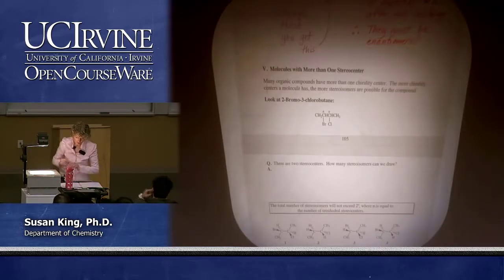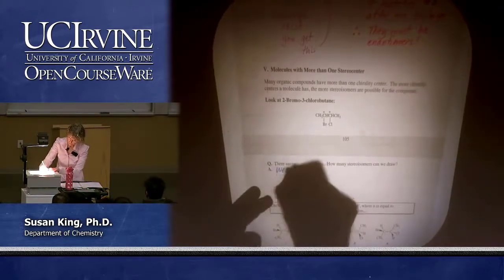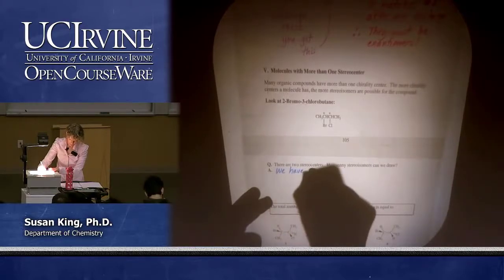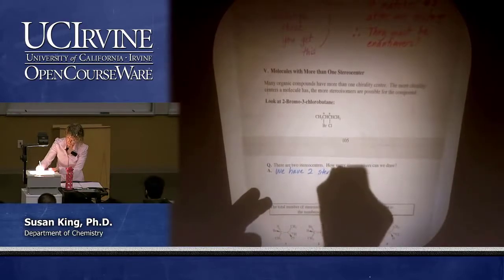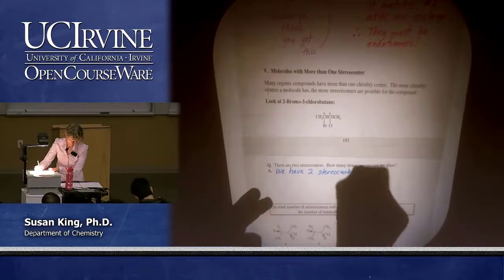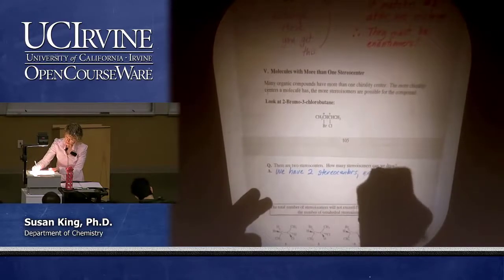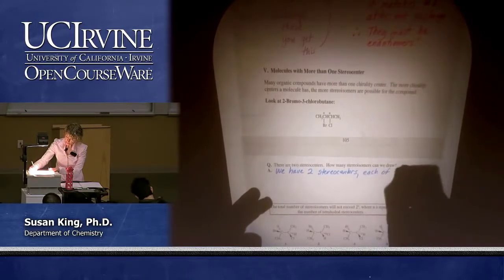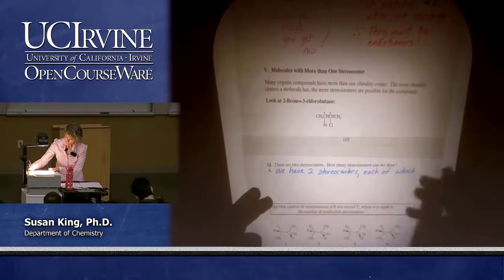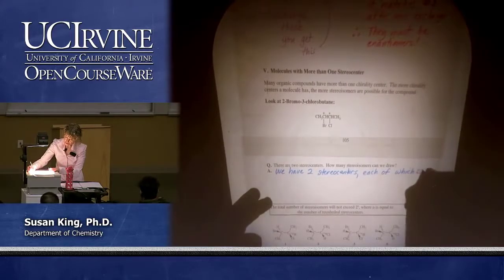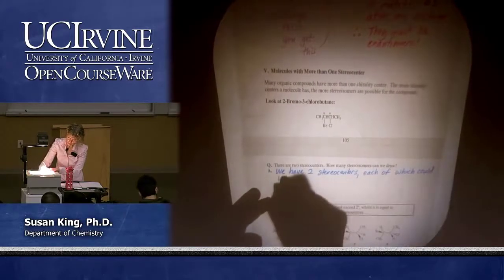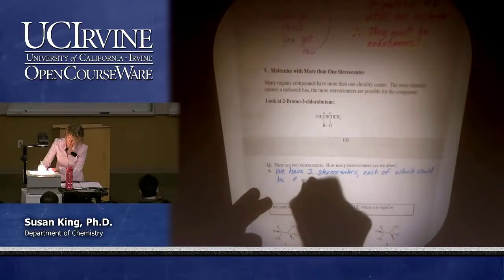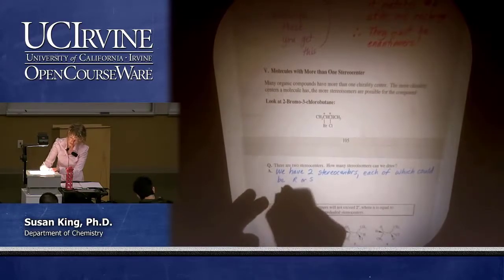Well, let's see. We have 2 stereocenters, each of which could be R or S. So this is really a statistics question, isn't it? Here are our possibilities.